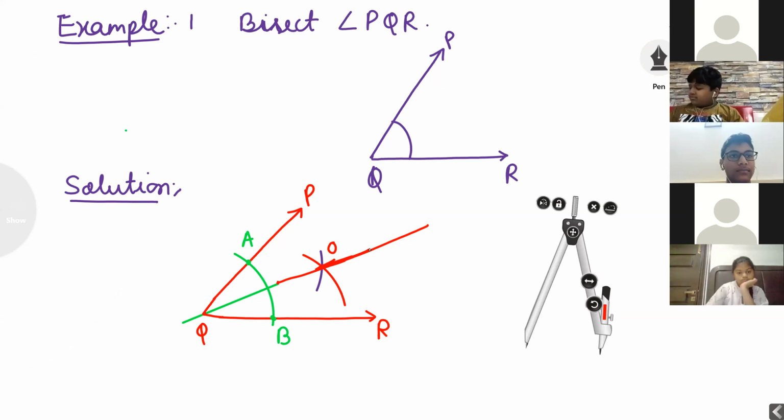This is the bisector of the angle. I hope you got it. Can I explain again, students?